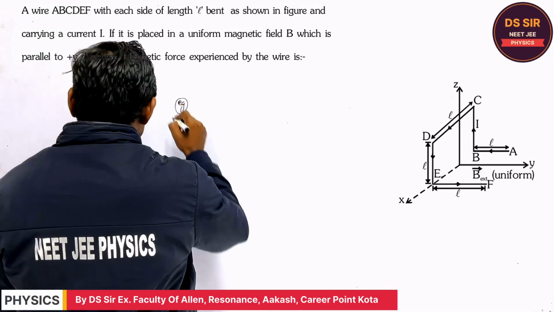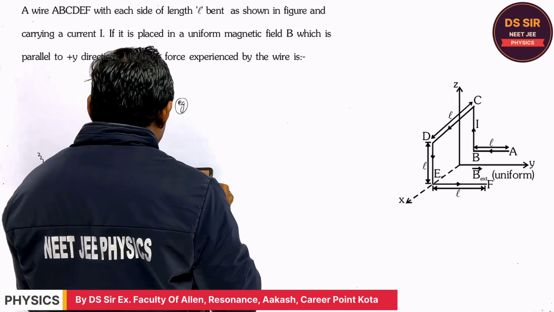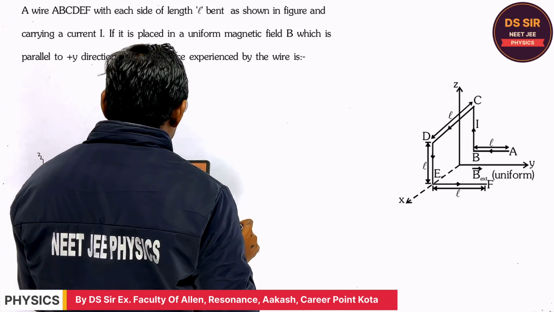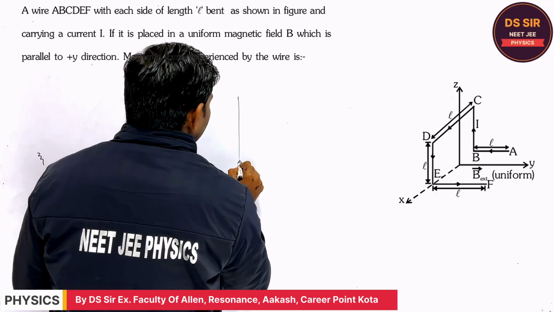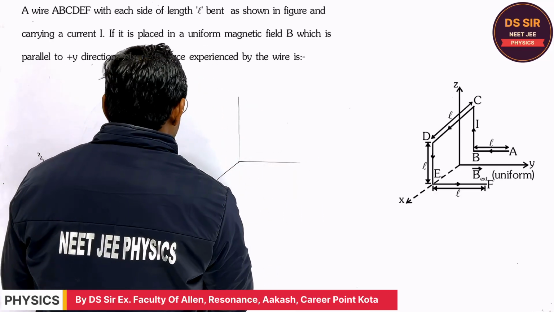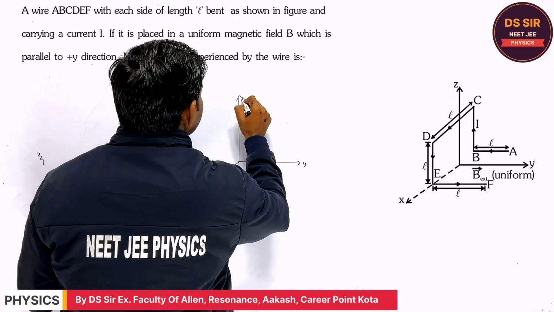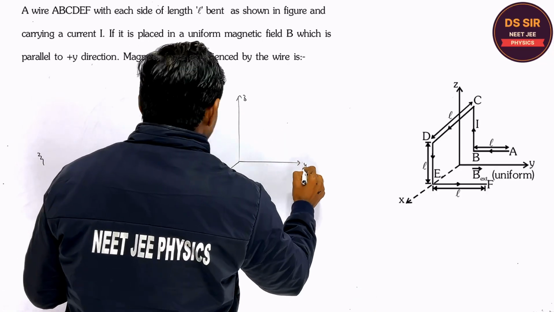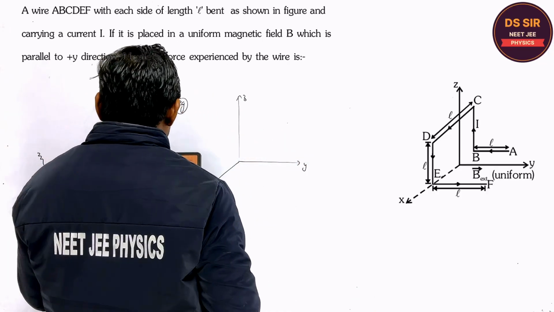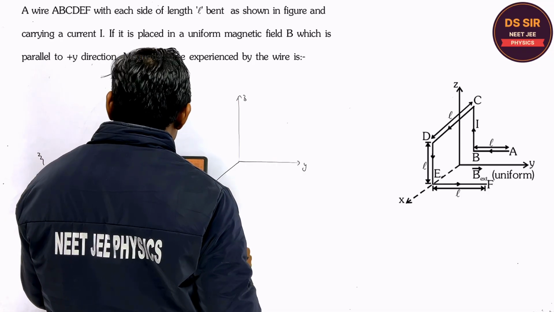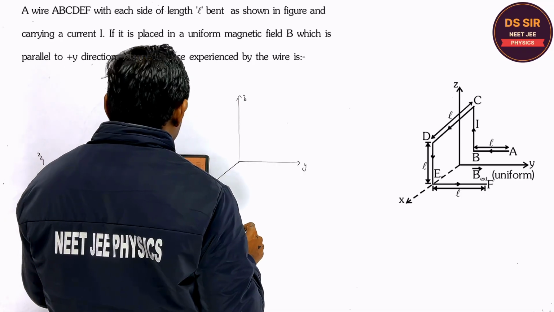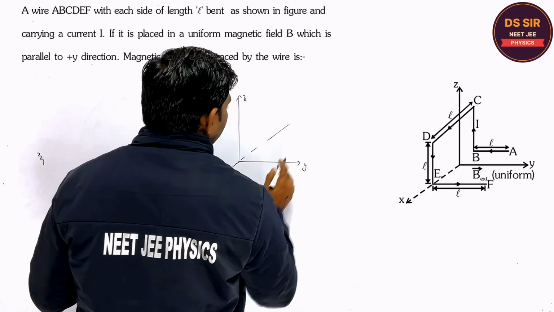In this question, a wire ABCDEF with each side of length L is bent as shown in the figure. Suppose this is the x-axis, y-axis, and this is the z-axis. As shown, and the current I is placed in magnetic field B, which is parallel to the y direction. Listen one thing.